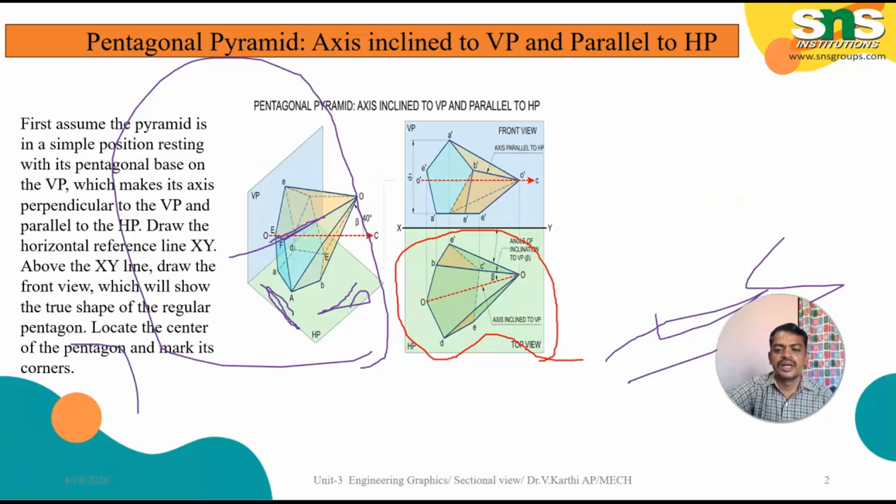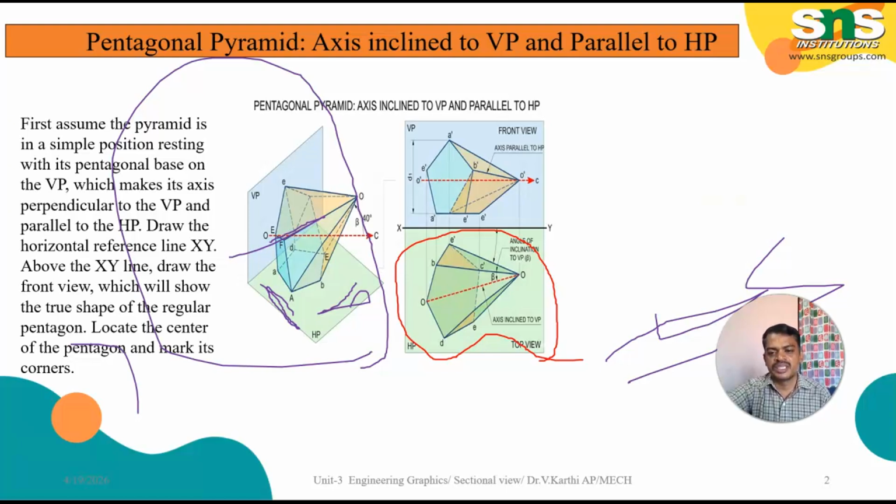Mention the corners A, B, C, D, E, and mark center O. Project the front view. Project vertical lines. Draw the apex at the given height, that means the axis length. Join the apex to all base corners.